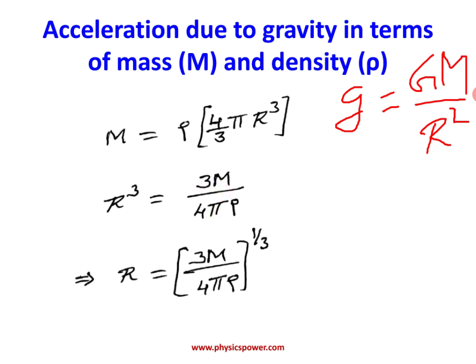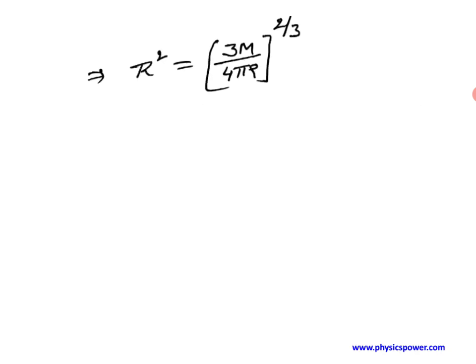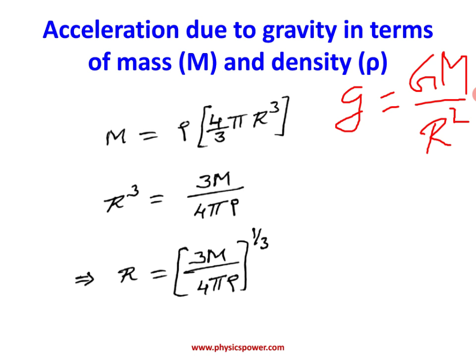Now for r cube, if you send the cube to that side, it will be 1 by 3. So r equals (3m by 4 pi rho) whole power 1 by 3. Now if you substitute this r value in this equation, then we will get the required one. But before that, for our convenience, here r square is there.